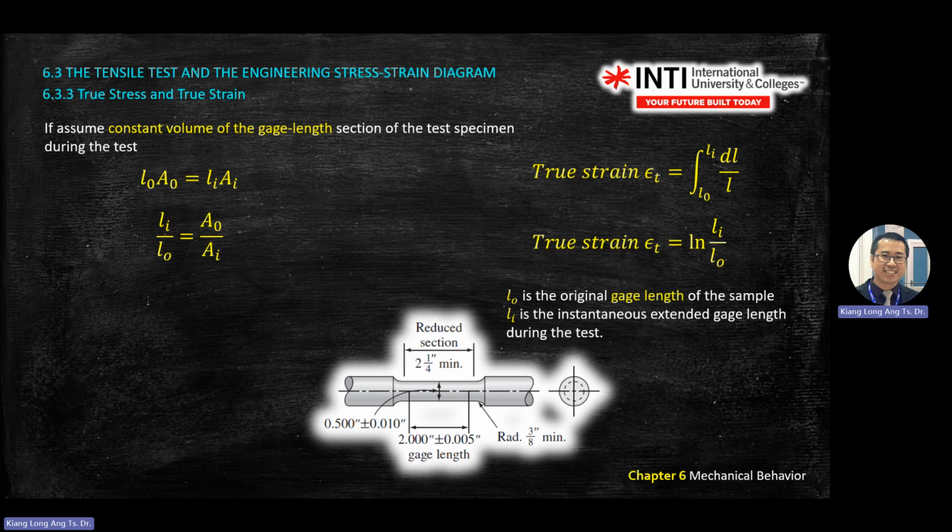Then you put this equation inside the ln equation. True strain can also be calculated using length and area. It's the same. This equation applies only when we assume there's no change of volume in the test section.